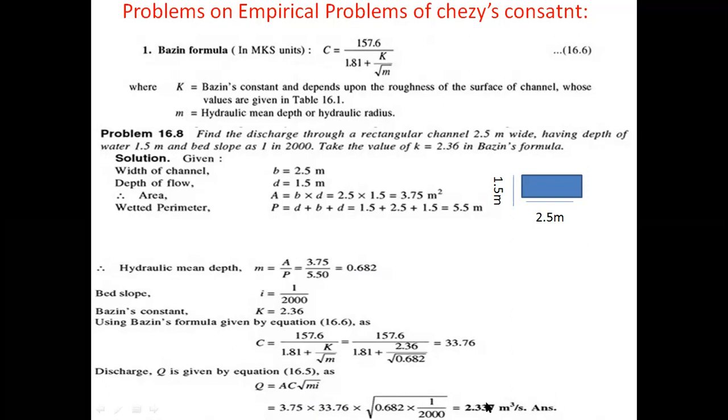Finally, we get the discharge equal to 2.337 meter cube per second. Finally, in the empirical formulas, we find out the Chezy's constant value by using the given empirical formula, and substitute the value to find out discharge or velocity.